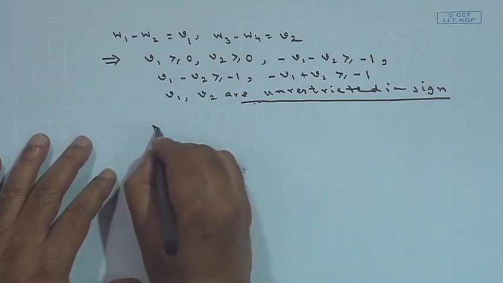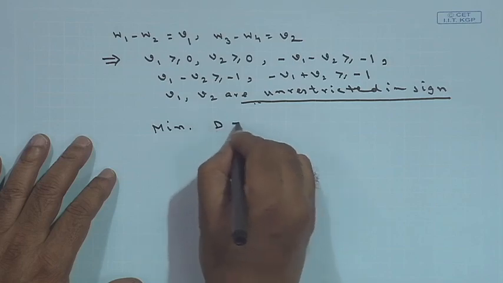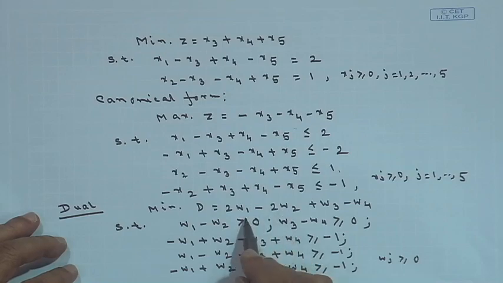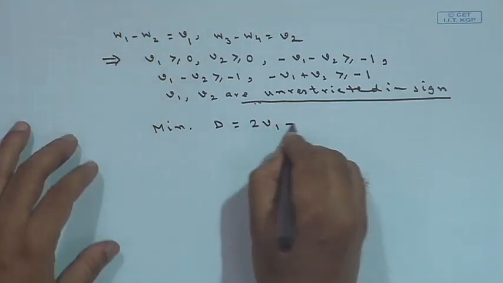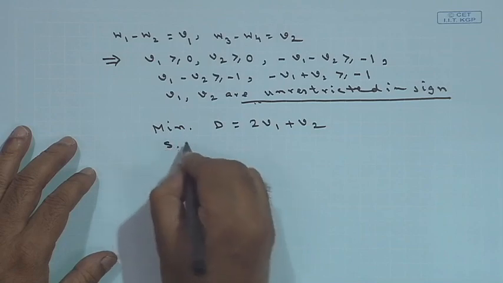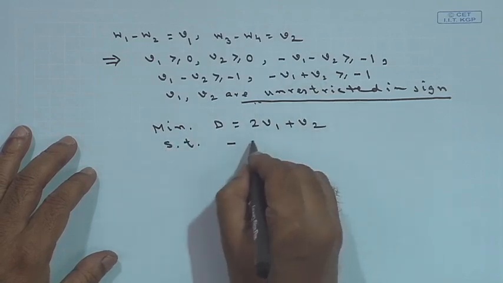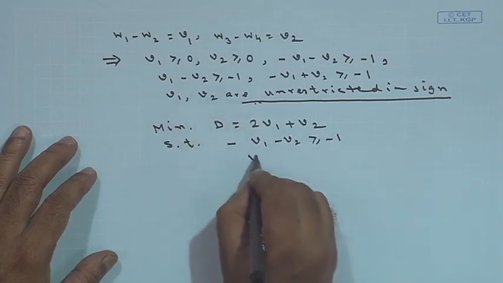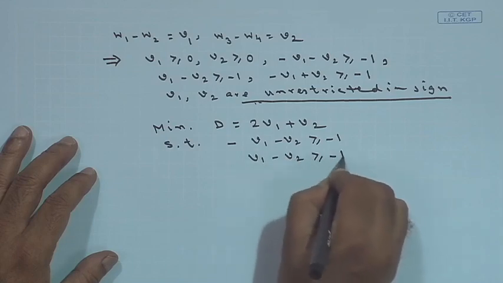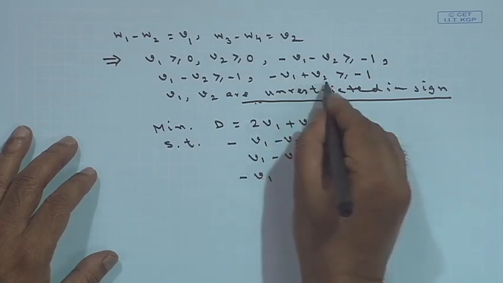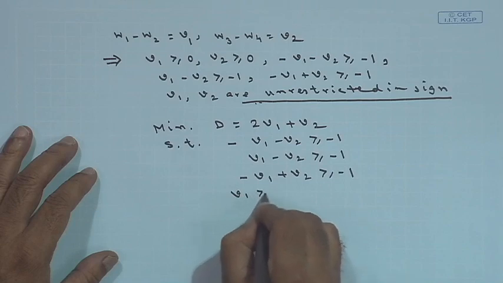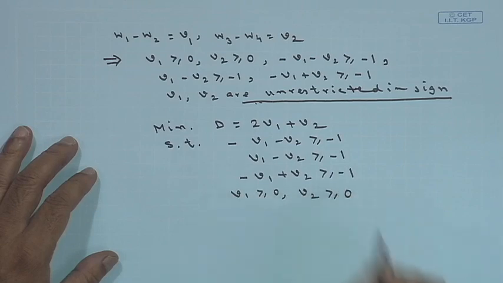Therefore, the minimization problem in terms of V1, V2 we can write down: minimize D equals 2 V1 plus V2, subject to minus V1 minus V2 greater than or equal to minus 1, then V1 minus V2 greater than or equal to minus 1, third one is minus V1 plus V2 greater than or equal to minus 1, and V1 greater than or equal to 0, V2 greater than or equal to 0.